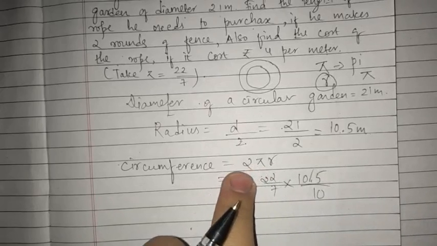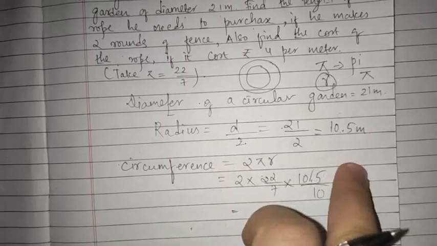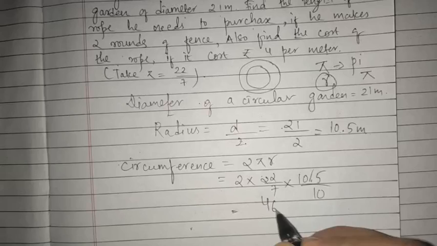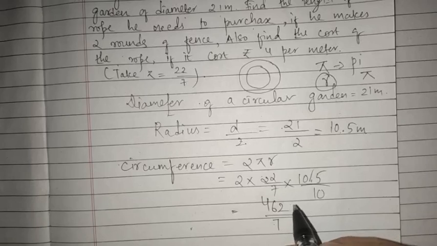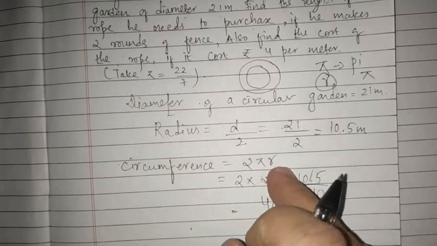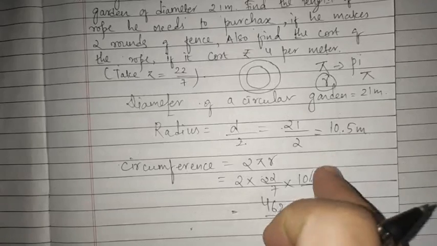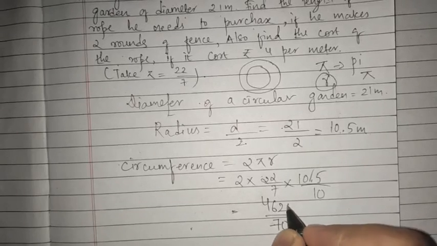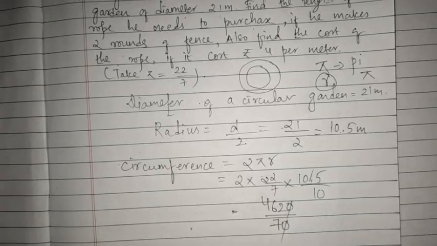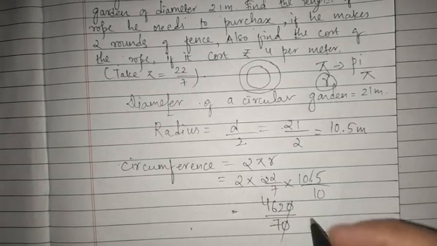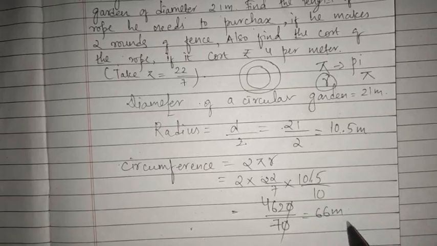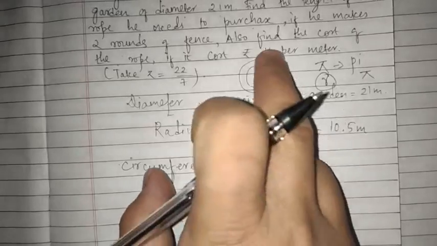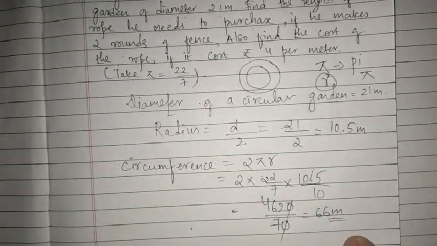When you multiply 2 into 22 into 105, you will get 462, so it is 2 into 22 into 105 by 10. Sorry, one more zero will be here. When you deduct this 0, you'll get 66 meter. So the circumference, that is the length he requires, is 66 meter.